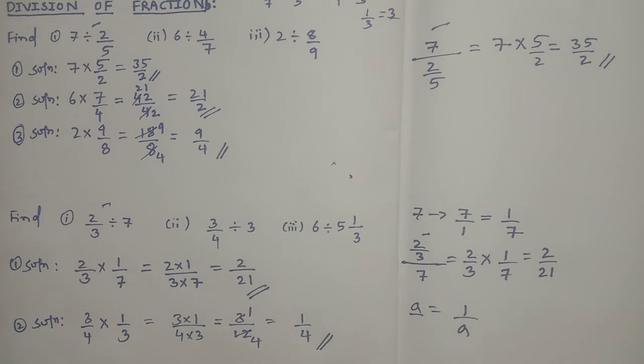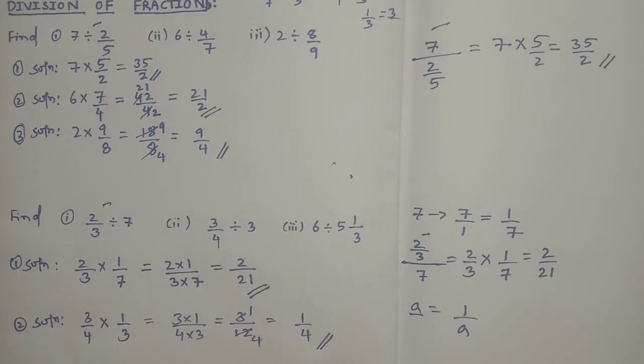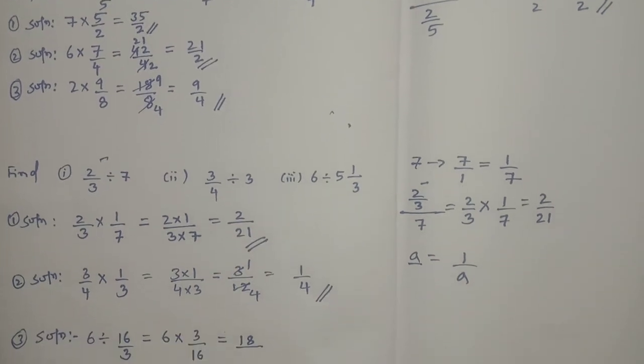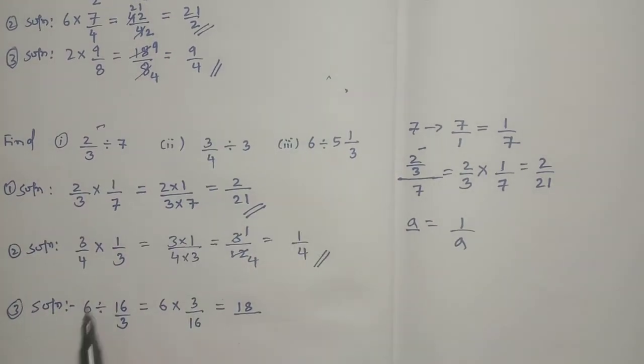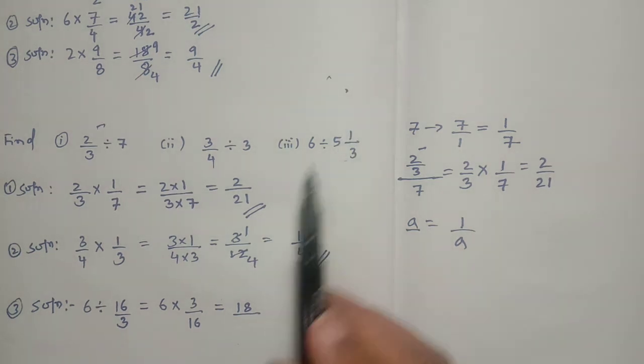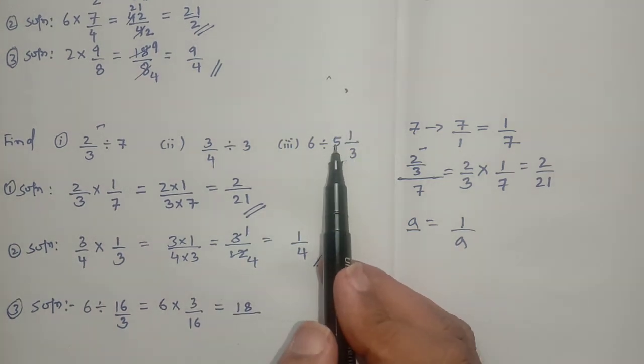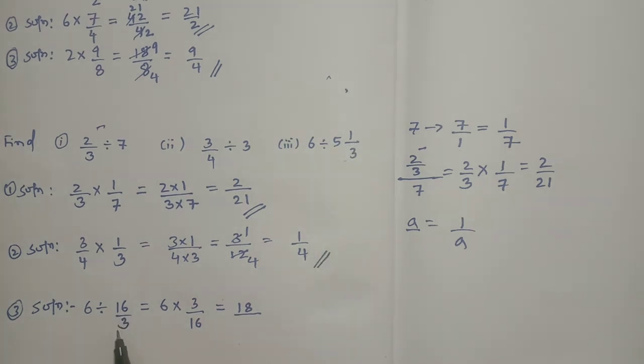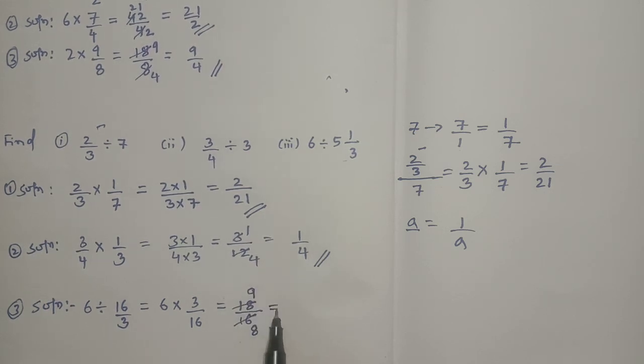Now 6 3s are 18 divided by 16. 2 8s are 16, 2 9s are 18. Answer will be 9 by 8, student.